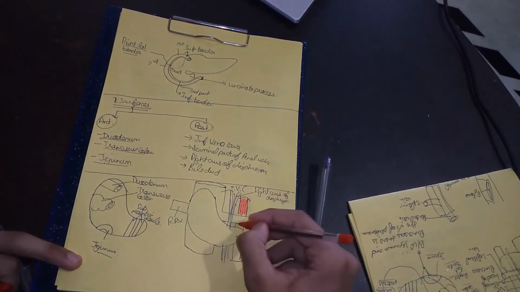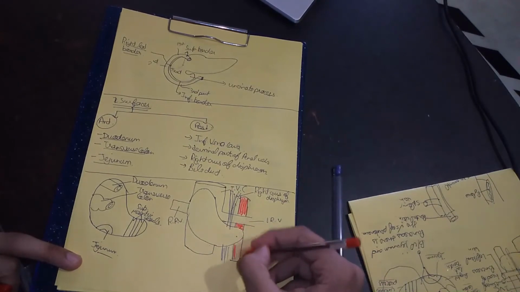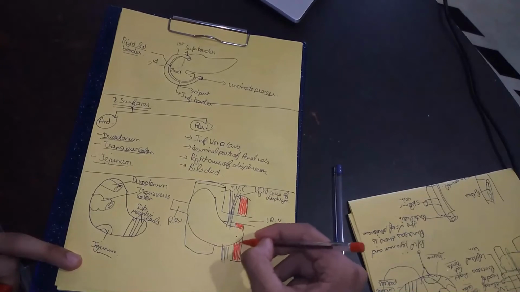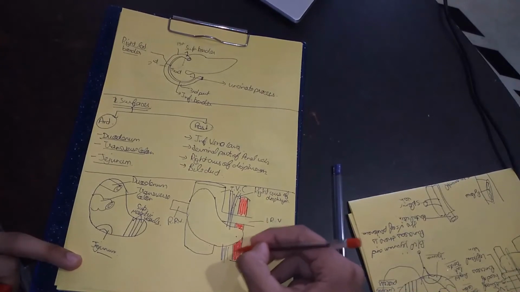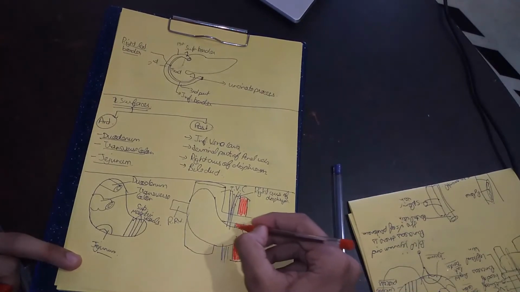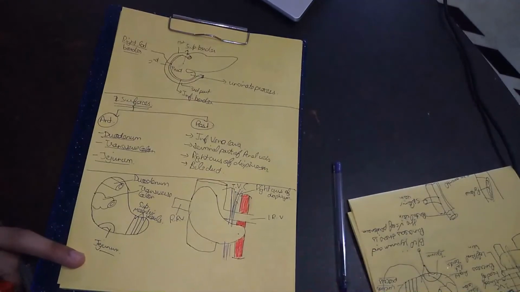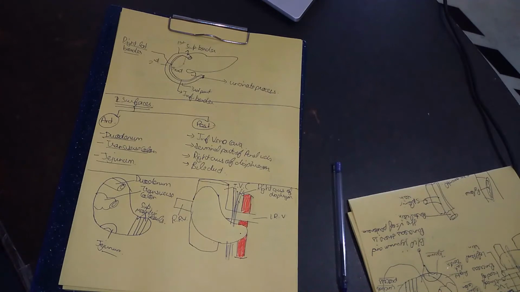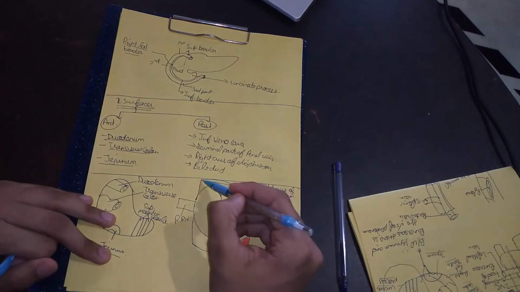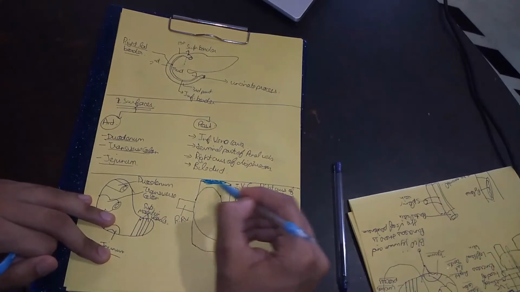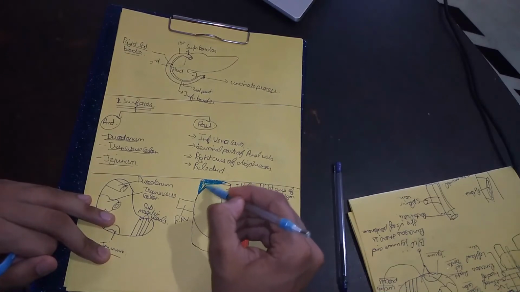This is the aorta. As you can visualize, this is aorta. And this is the vein, inferior vena cava.